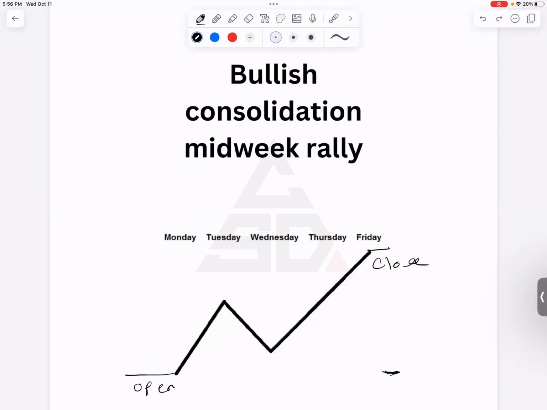That's an ugly candle, excuse my drawing. This is the best way I can get this information to you guys. This right here is the candle you will see on the weekly time frame.